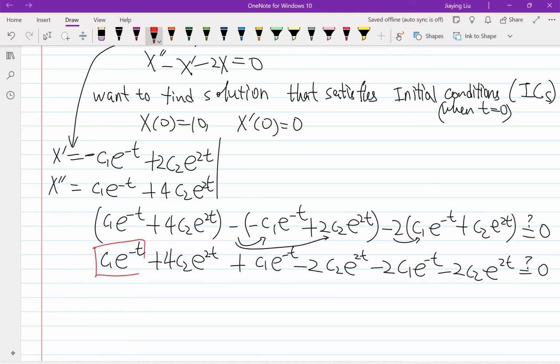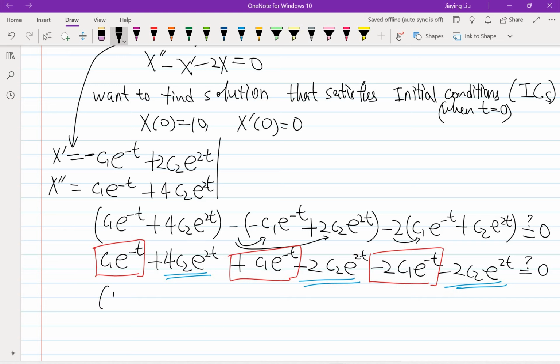So I have c1 and then another positive c1 e to the negative t, then minus 2c1 e to the negative t. If you combine those terms, you get a 0, right? And the e to the 2t term, you get 4c2, then you get minus 2c2, minus another 2c2. Again, that goes away. Gives you 0.